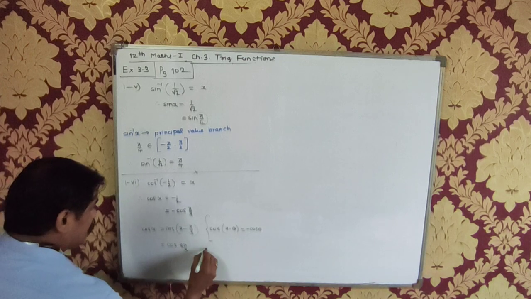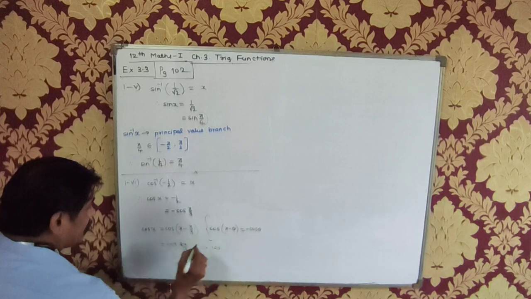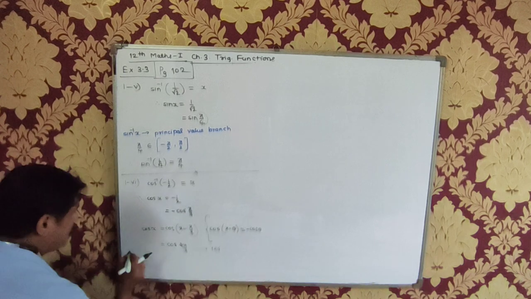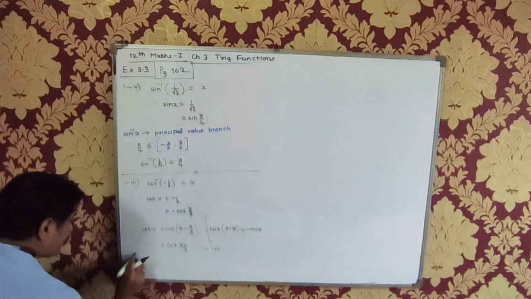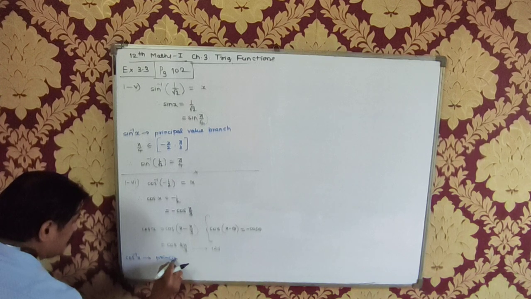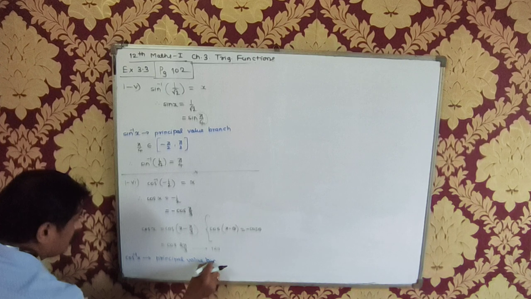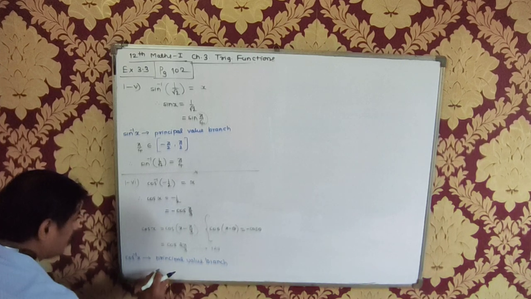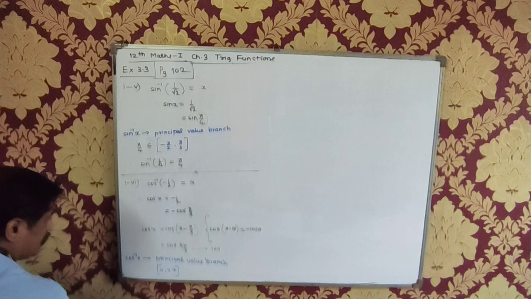2 pi by 3 means 2 into 120 degrees. Now, what is the principal value branch for cos inverse function? Check and tell me. It is 0 to pi, closed interval.